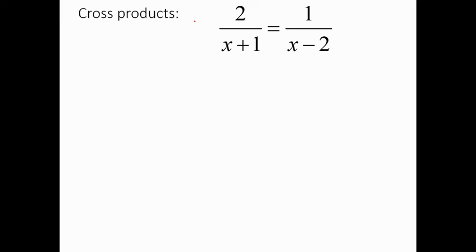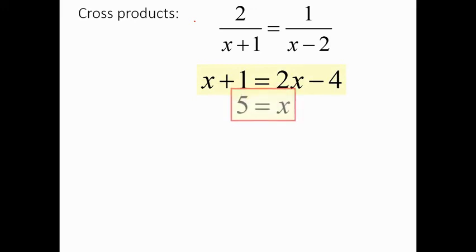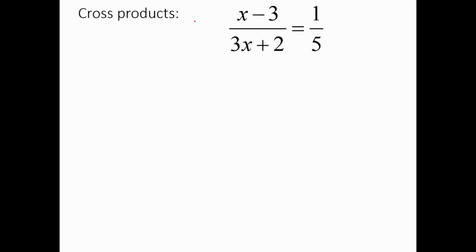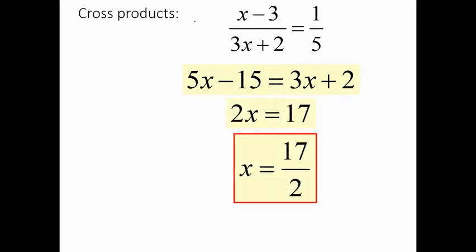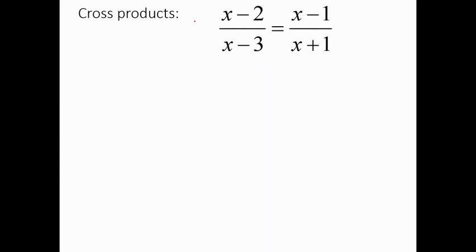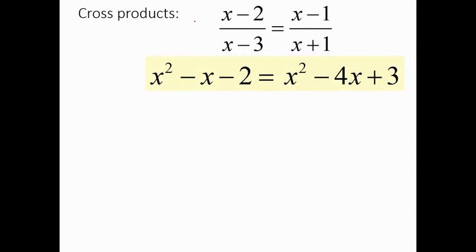All right, we're going to do cross products here as well. Multiply the 2 through, and we just solve, and x is 5. We'll do our cross products here, and our x is going to be equal to what? Yep, it's a fraction, 17 over 2. Again, we don't have any extraneous solutions. Let's do this one. Notice that we get two quadratics.